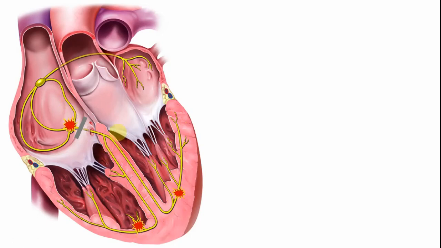There is no correlation between the atrial activity and the ventricular activity because of the block here. So the P wave will be appearing in its own pace, and the ventricular activity will be appearing in its own pace.